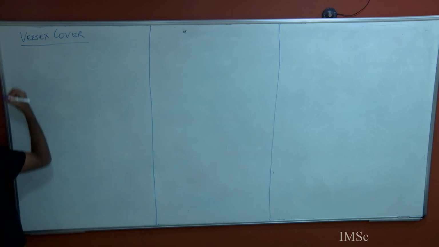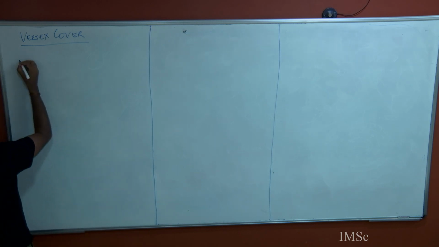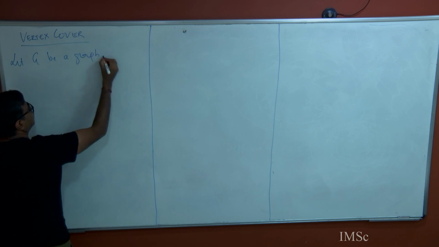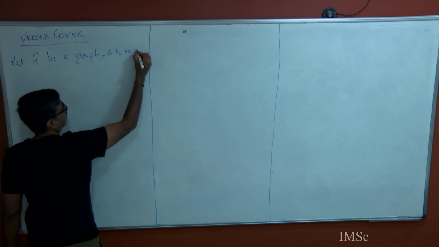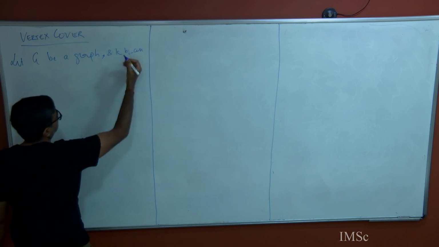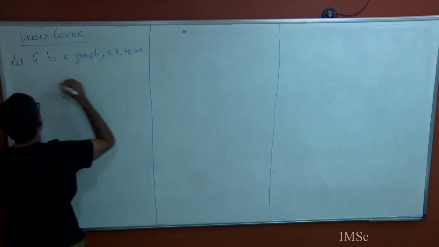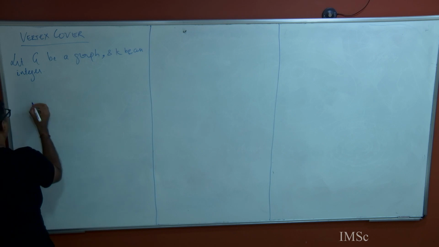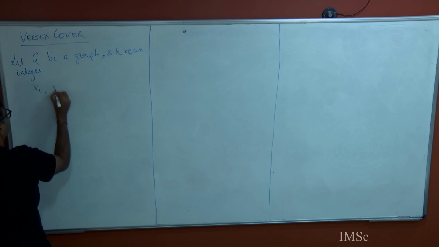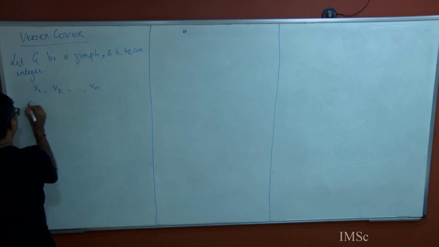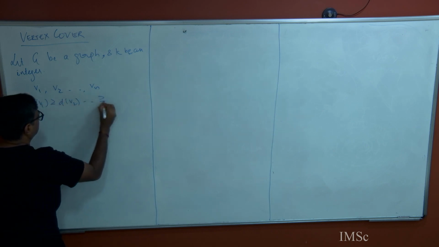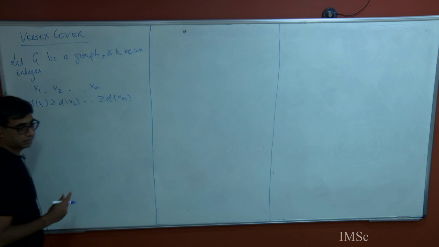The lemma which we showed last time is the following. Let G be a graph and K be an integer. Suppose you have an ordering V1, V2, and so on, where the degree of V1 is at least the degree of V2, and so on.